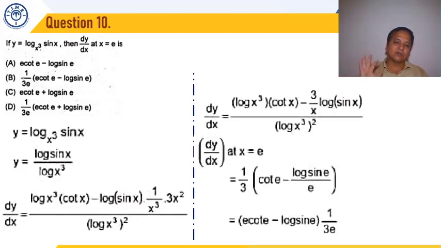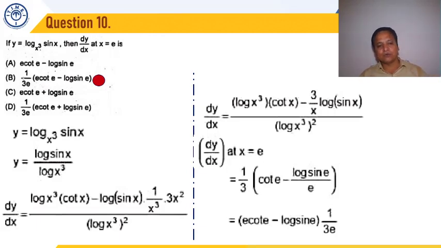We just put x equal to e and log e to the base e is 1. We solve this expression, and if you look at the choices, we get our answer as option B. So we first simplify using the log base change formula, changing it to base e.